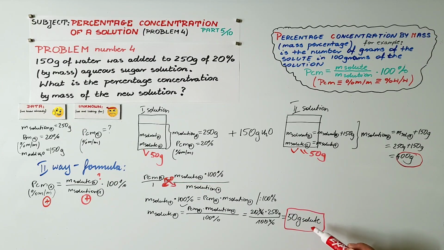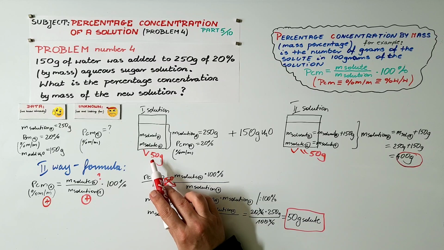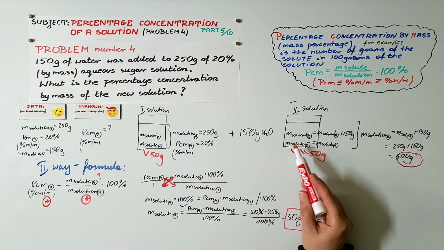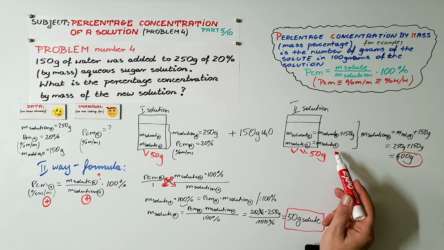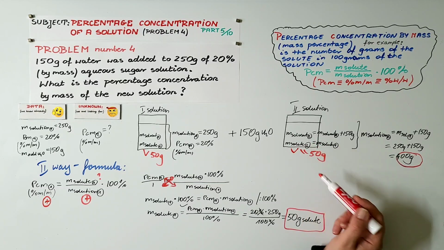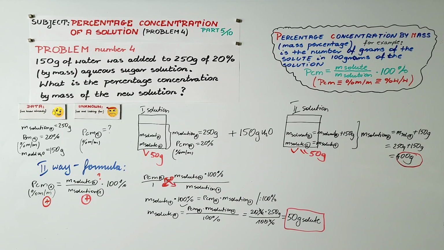So 50 grams of solute number 1, and mass of solute number 2 is equal to mass of solute number 1. So it's again 50 grams.